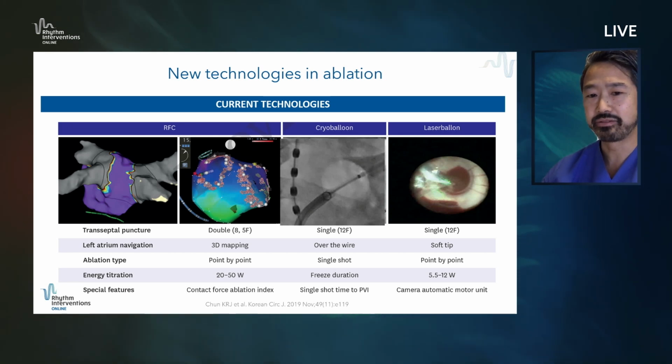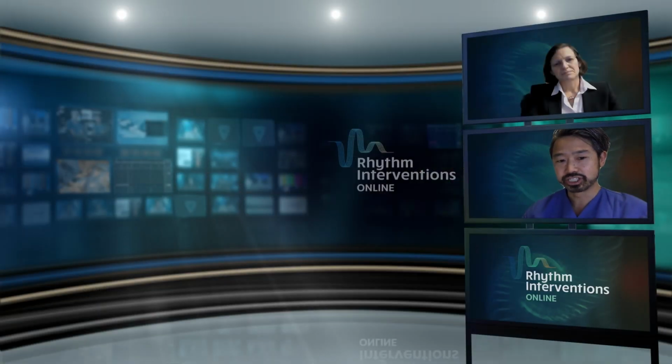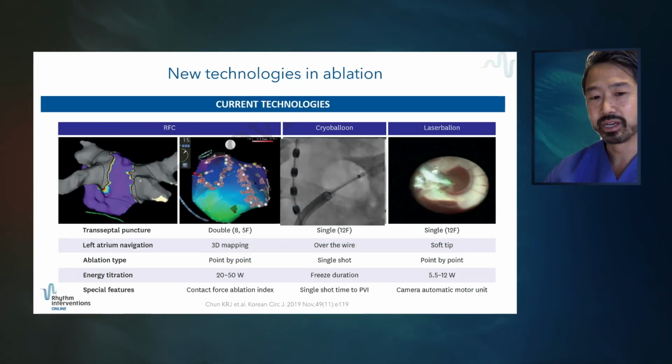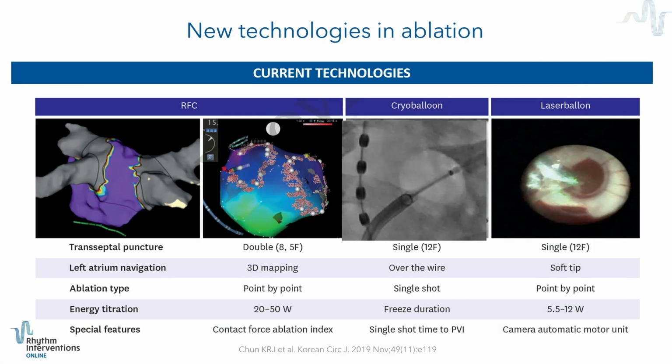And I believe in many labs all over the world, the mother technology and the mother approach is somehow related to a 3D mapping system and catheter RF energy, maybe with contact force, maybe without contact force, encircling the pulmonary veins, maybe using some indices as we discussed yesterday.